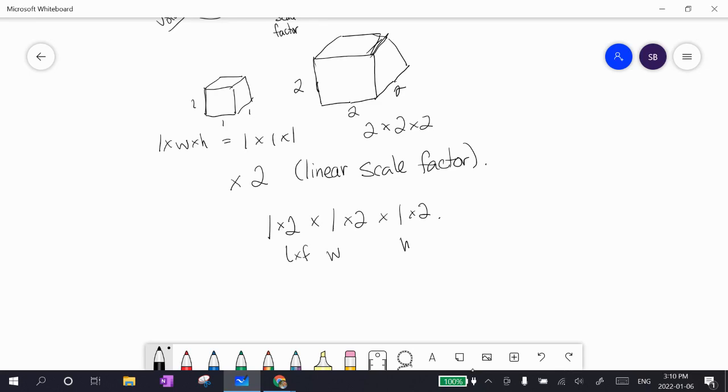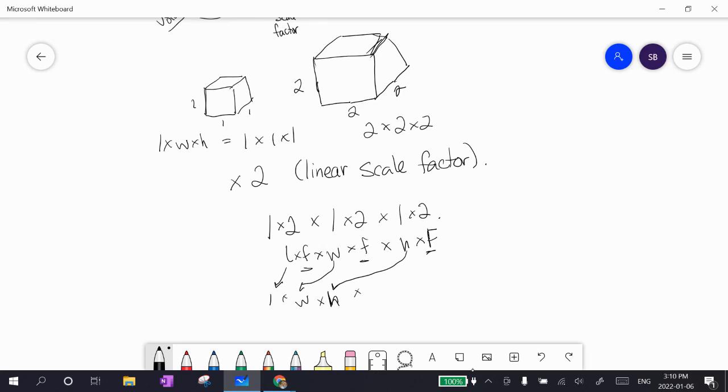Length times the factor times the width times the factor times the height times the factor. If you see here, I've got 3 factors. So I'm just going to separate this a little bit differently. Length times width times height, this is the original, right?